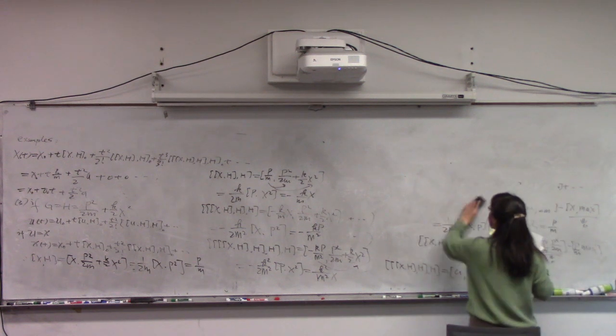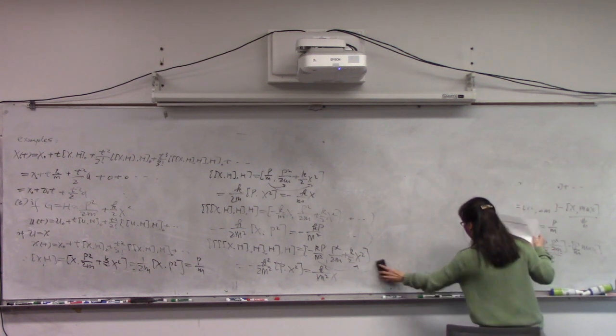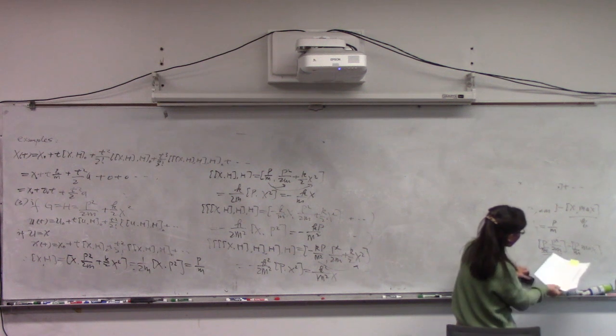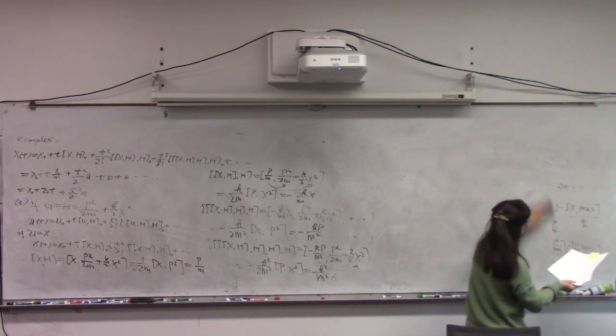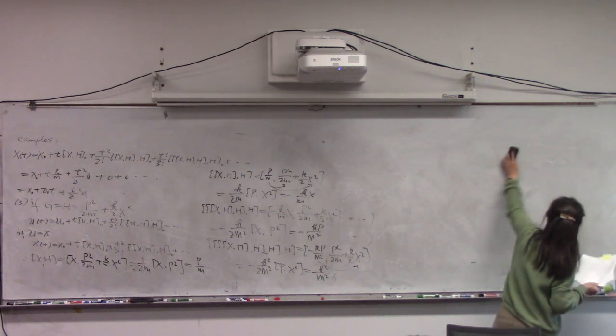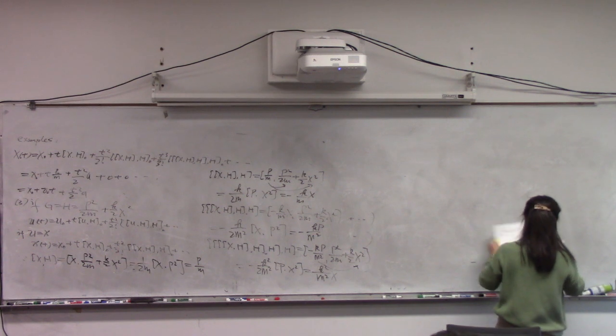And then finally you will find this solution. So this is endless, right? You cannot truncate. The reason is because the potential is not linear. It is x squared, not x, so that makes this into the final.